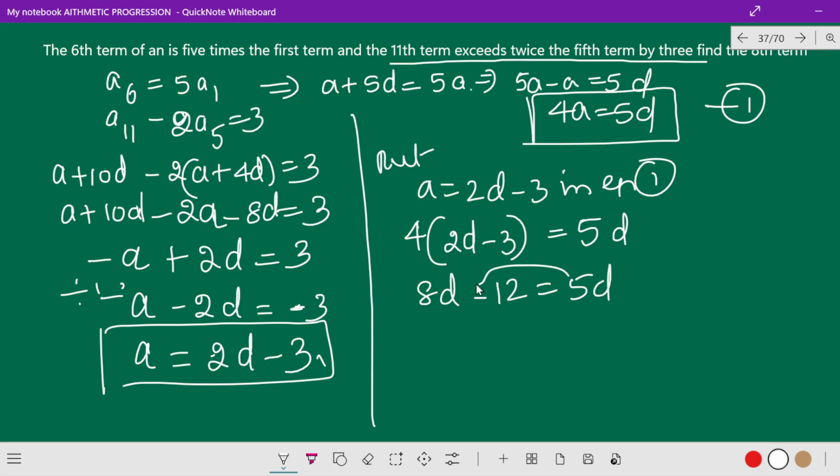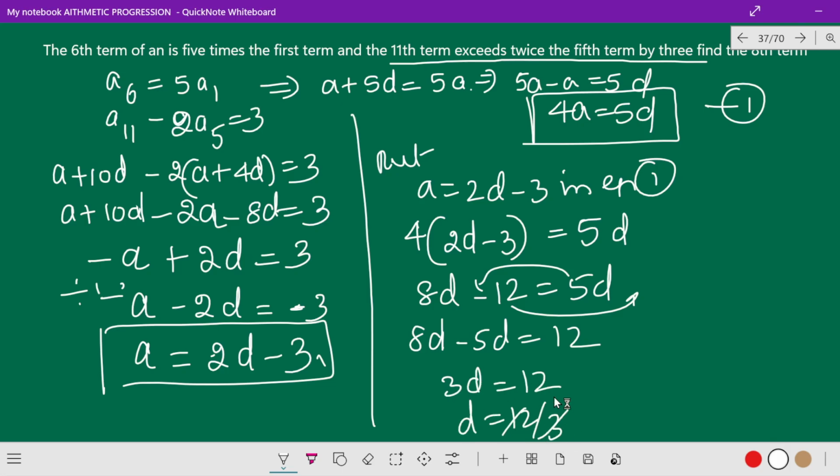I shift this to this side: 8d minus 5d is equal to 12. 3d is equal to 12, d is equal to 12 by 3. 3 fours are 12, so d is equal to 4. When I get d is equal to 4, can I substitute d is equal to 4 in 4a is equal to 5d?